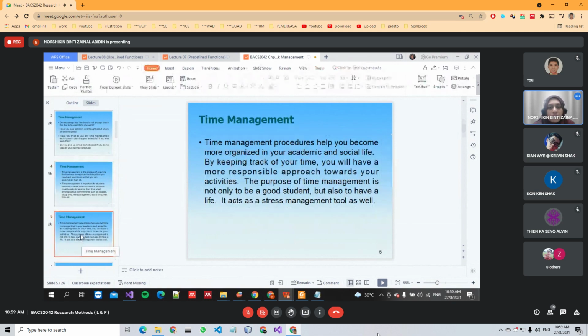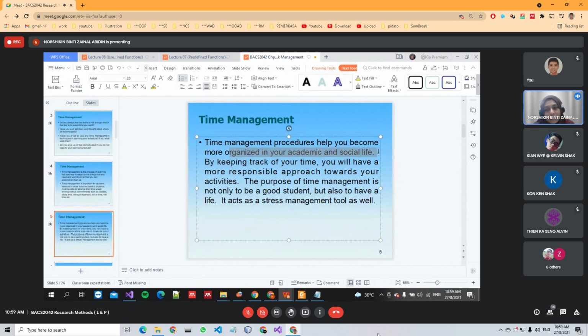Okay. Time management again. Time management procedures help you to become more organized in your academic and social life. So these two things are very important. Not only in your study, but in your social life. Same goes when you go to work.